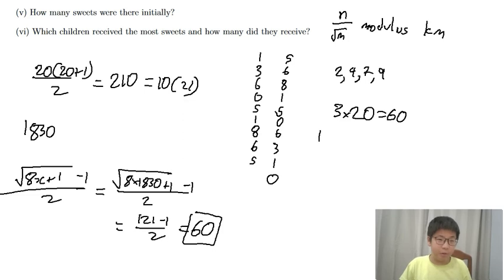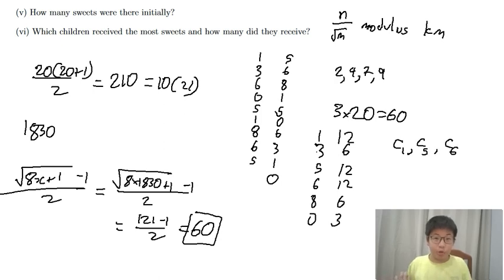So we have 0, 1, 3, 5, 6, 8. 0 appeared only once, so it's 3 times. 1 appeared 4 times, so 4 times 3 is 12. 3 only appeared twice, so 6. 5 appeared 4 times, so 12. 6 also appeared 4 times, so 12. 8 appeared 2 times, so 6. That means C1, C5, and C6 had the most sweets.